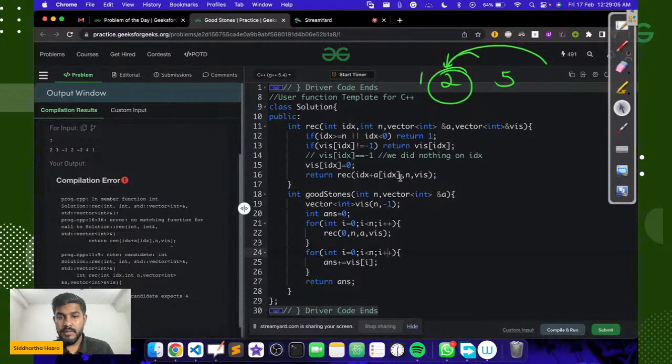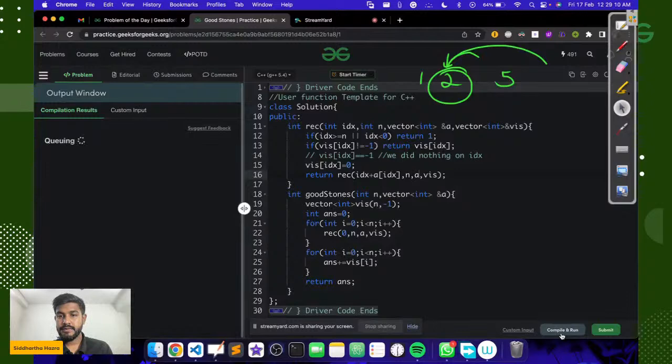Return of n and then a itself, and then the visited array.